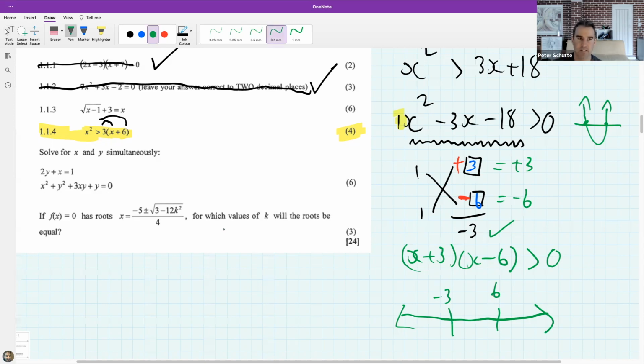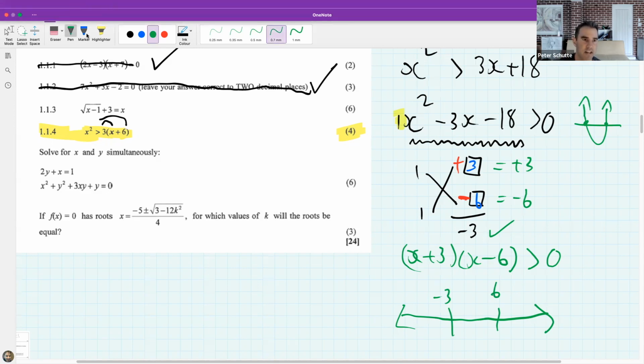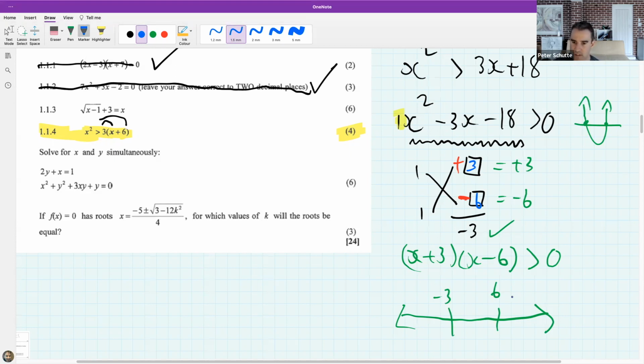Now, what is the value of the expression in each area? Well, here it's going to be positive. I could find that by choosing a number bigger than 6, like 10, and subbing it in. Or I could look up here and see that it is above the x-axis. It changes every time it goes over the 0 values. And I'm looking for when it is strictly greater than 0.